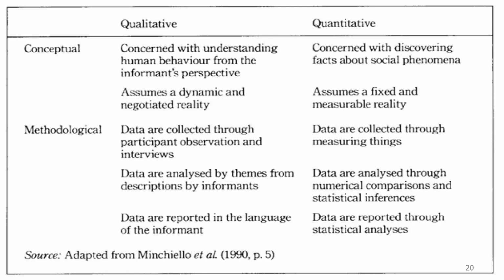So conceptually, qualitative means it is concerned with understanding human behavior from the informant's perspective, assumes a dynamic and negotiated reality, whereas quantitative is concerned with discovering facts about social phenomena, assumes a fixed and measurable reality. So the treatise is very different. And when the treatise is different, it also explains how qualitative is different from quantitative.